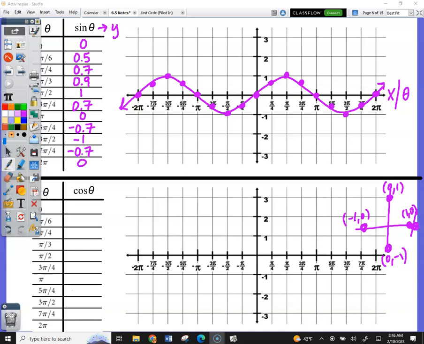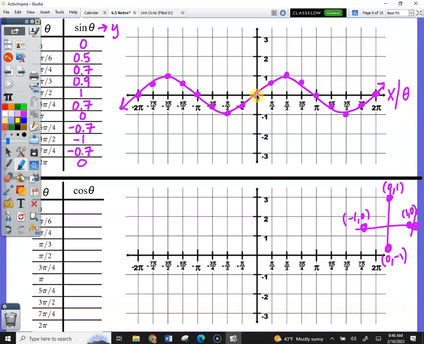Brief cookie interruption. Okay, so here, let me get my highlighter and show you what I mean. This is just going to help you remember which function, which graph is which. Sine and cosine graphs look very similar. In fact, they are identical with one main difference, and that is where it starts right here.